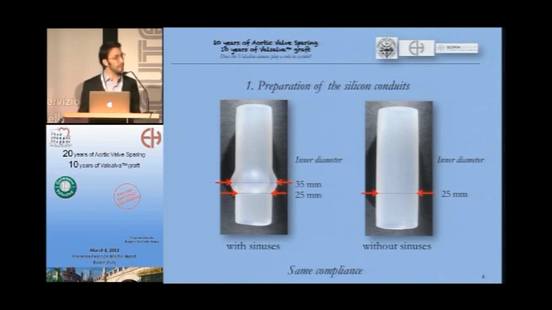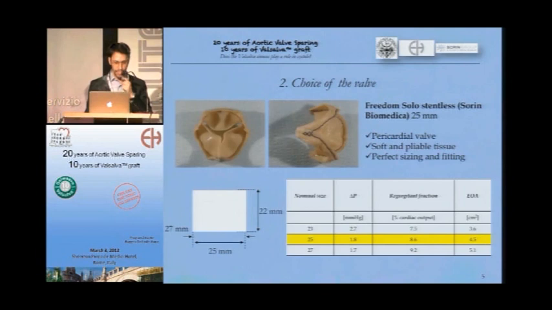The first step was the preparation of the silicon conduits. As you can see on the slide, we prepared two kinds of silicon conduits, both with an inner diameter of 25 millimeters, one with Valsalva sinuses and another one without sinuses. The two samples had the same compliance.